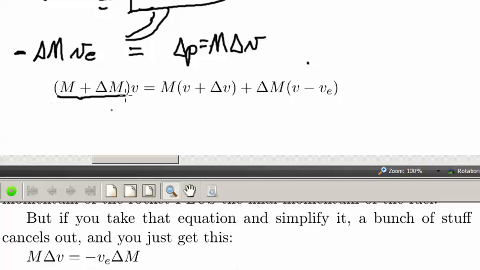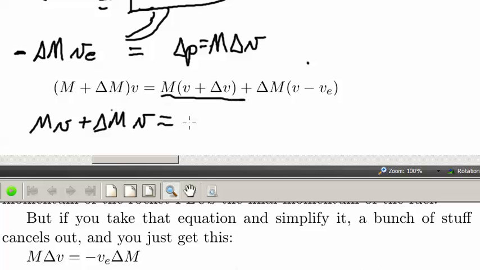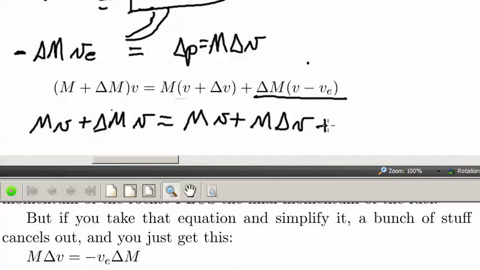Taking these two terms, mv plus delta mv, equals these two terms, mv plus m delta v, plus these two terms, plus mv minus delta m v sub e.